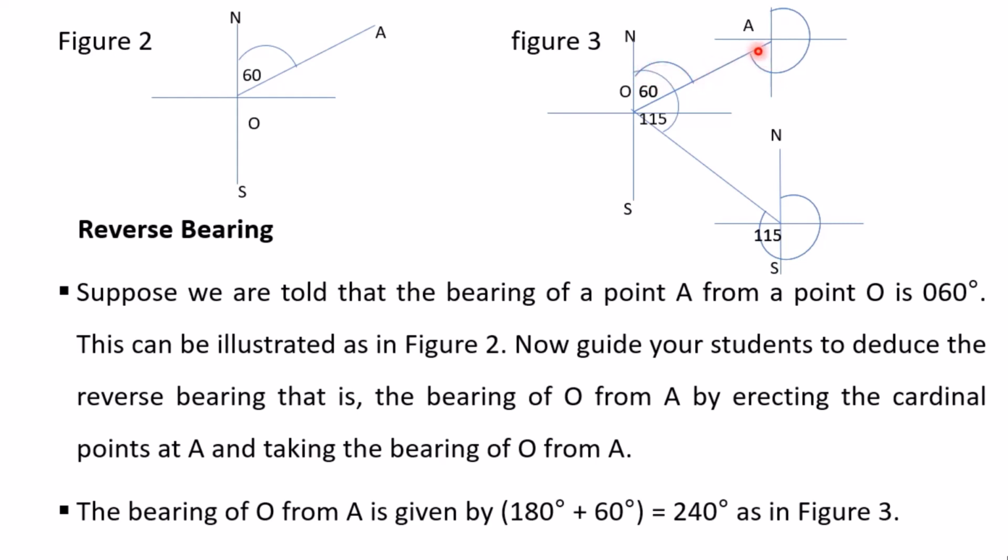We call them the alternate angles. Here this part will also be 60. And we are saying bearings are always from the North Pole. So from the North Pole we have 180, then we add another 60 to it, and that's going to give us 240. So our bearing of O from A is going to give us 240 degrees.